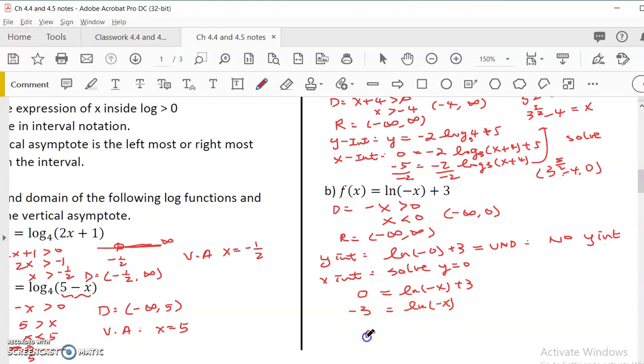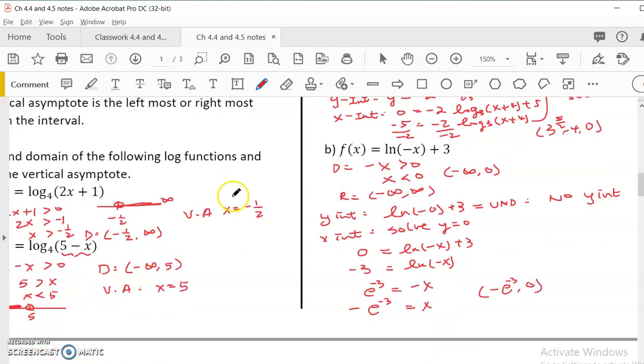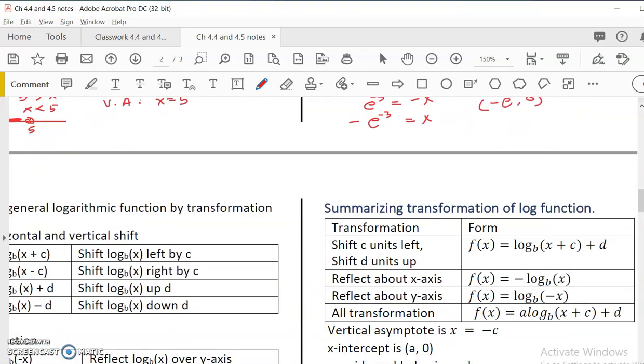I'm going to write it as e to the -3 is equal to -x. So x would equal the negative of e to the -3. So I don't have a y-intercept, but my x-intercept is negative e to the negative 3, comma 0. So that's how you find the x and y intercept.